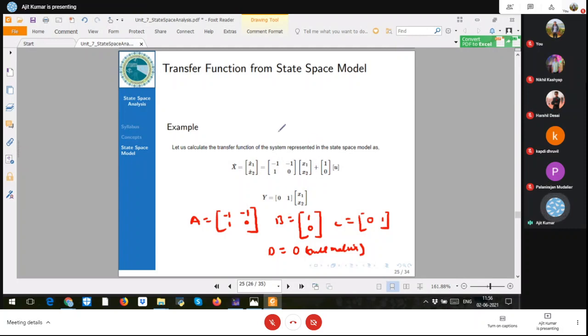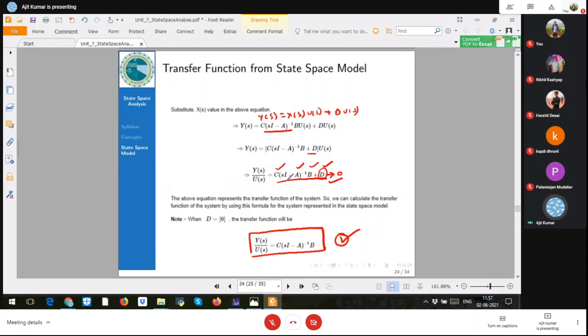So again, whenever there is a doubt, we will write a small equation, x dot equals Ax plus Bu, y equals Cx plus Du. Okay, A we know is this, B we know will be this, C will be this, and the component of D is 0, so D will be 0. Okay, now to find the transfer function, what will we do? What is the formula for the transfer function? Let's say Y(s)/U(s) equals C(sI minus A) inverse D. D is not here, that's why we are not writing D. So let's see what the formula is.